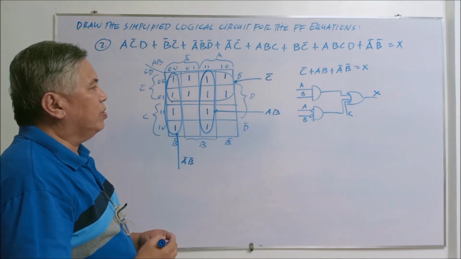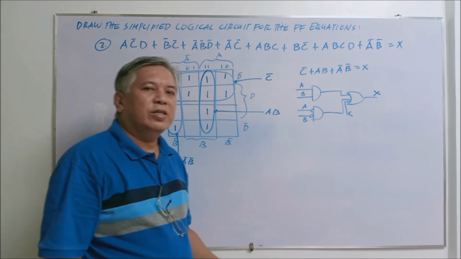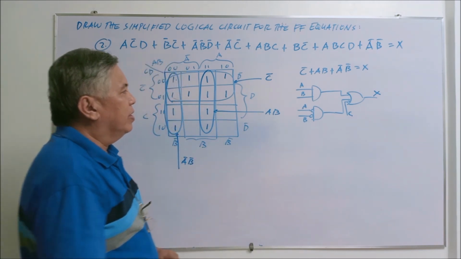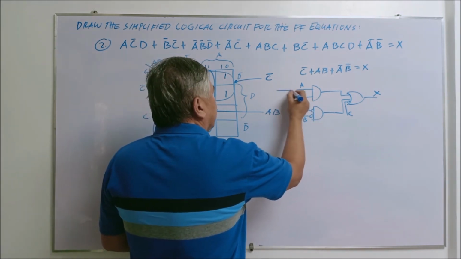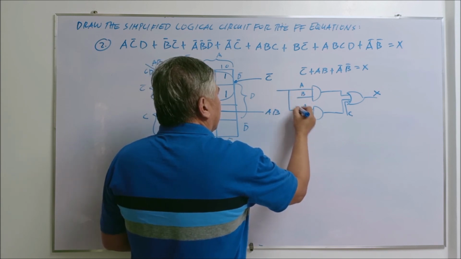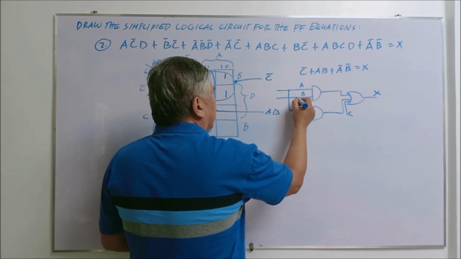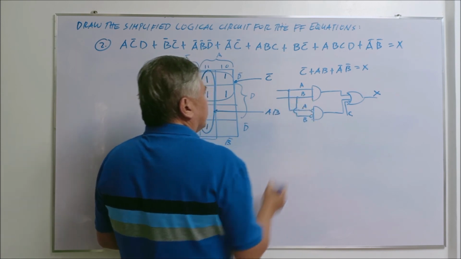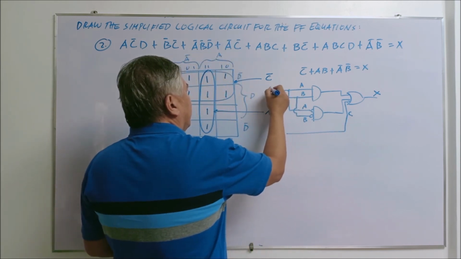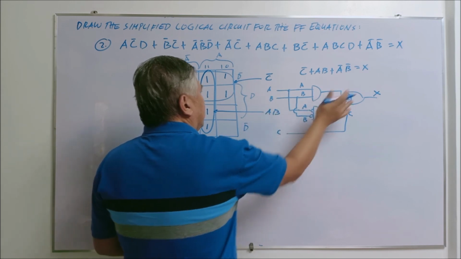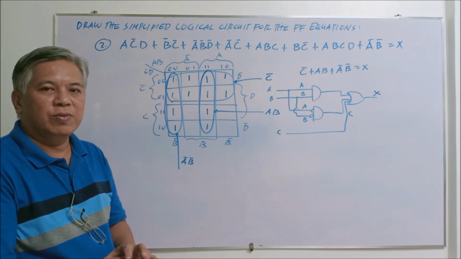Okay, so if you want to draw the logical circuit in the experiment type, all you have to do is to connect all the A's here, the same variables, and then you have here B, and then of course another input which is C. So you have A, B, and C. This is for experiment purposes, the logical circuit equivalent.